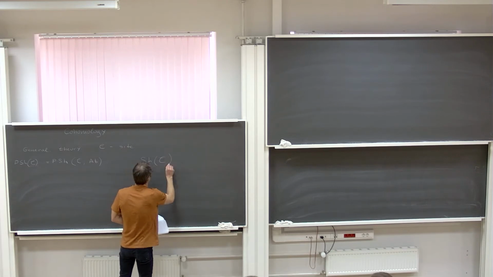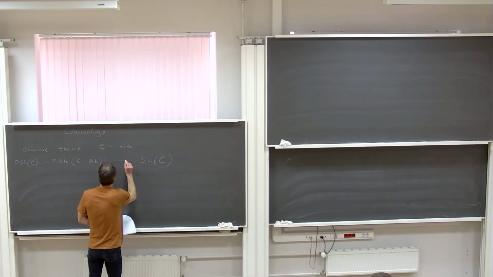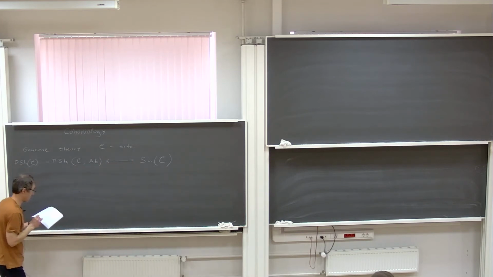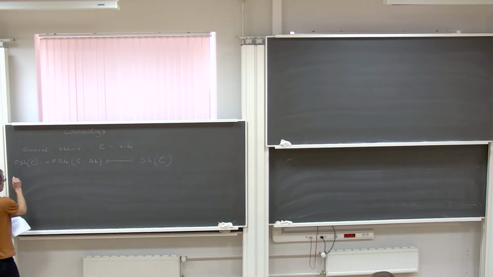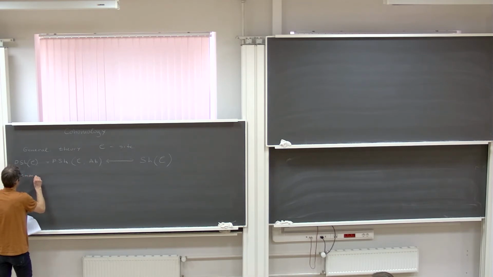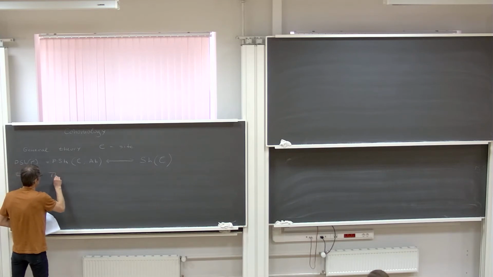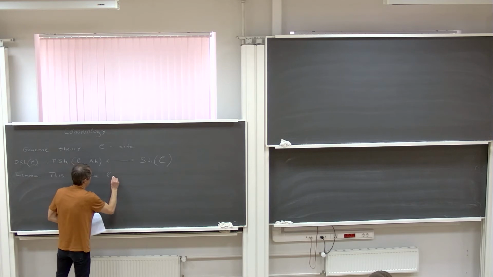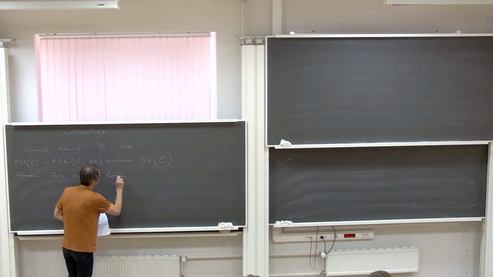And so this functor has, so general lemma is that this functor has a left adjoint. Lemma: this has a left adjoint, which is called sheafification.